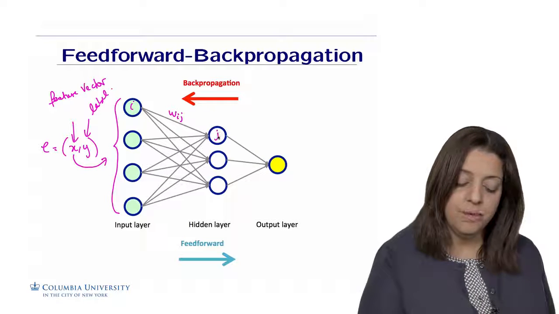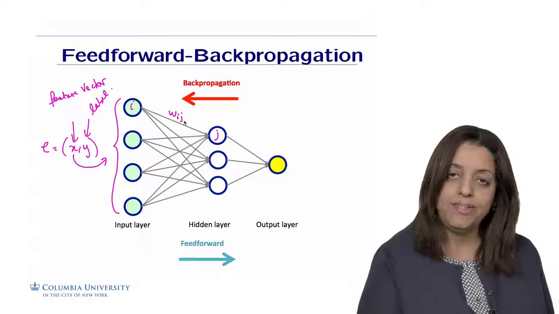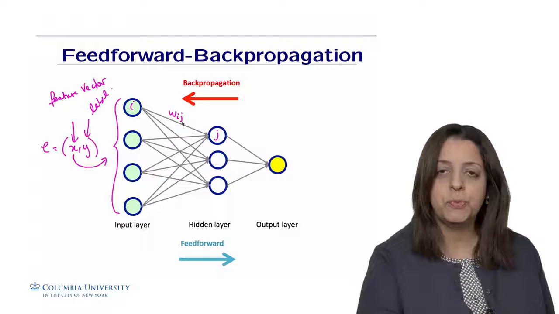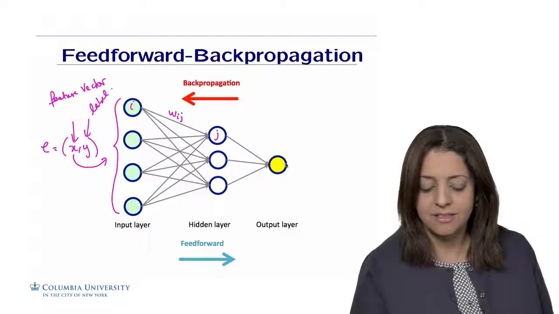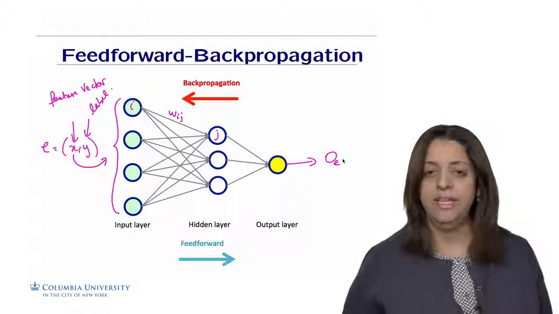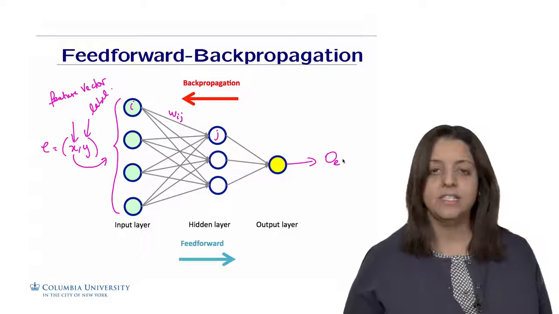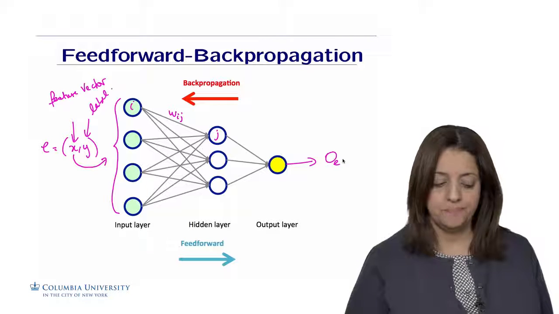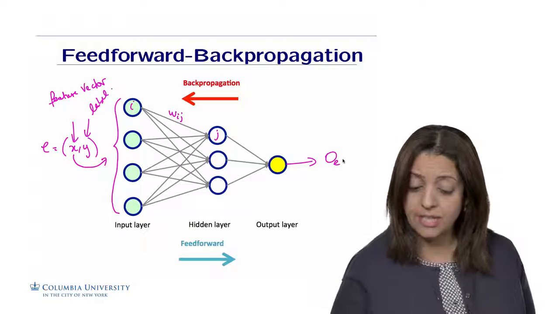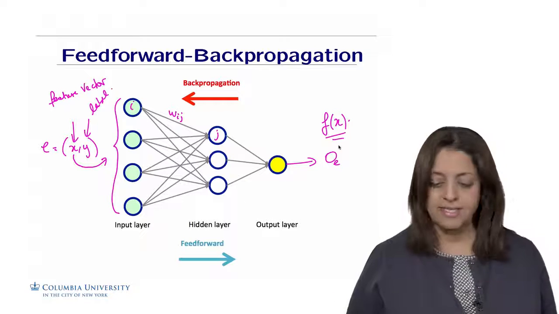The information at each neuron is calculated by taking its inputs weighted by the w's, and then you push the information forward until you get an answer. Let's call it O, so for this example we get O_E. This is the predicted outcome, or the function that this network is computing for the example. Observe that this is our f of x for the example E.